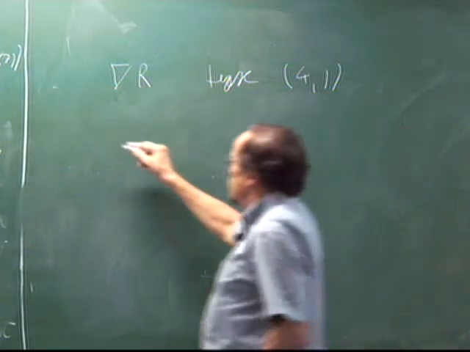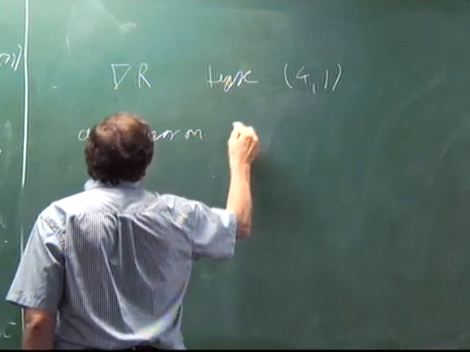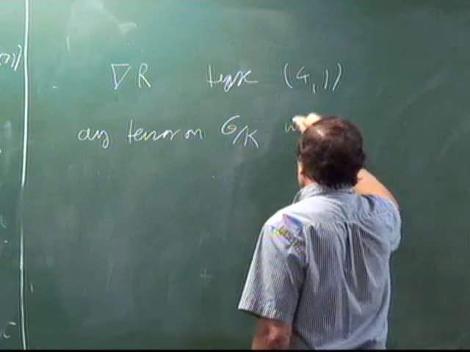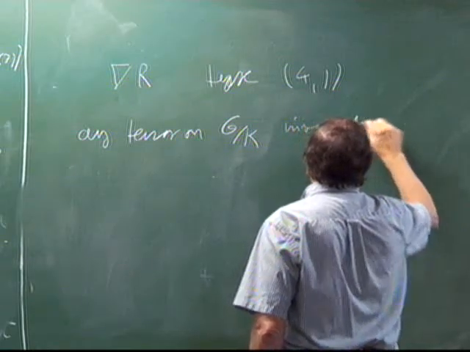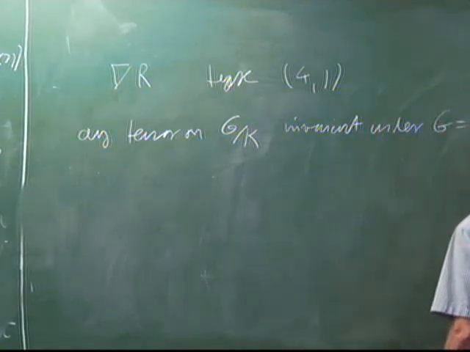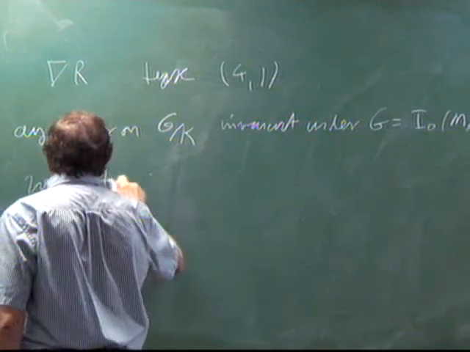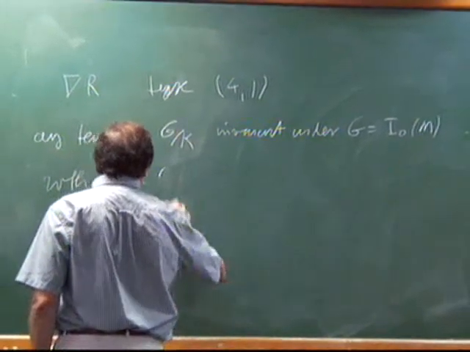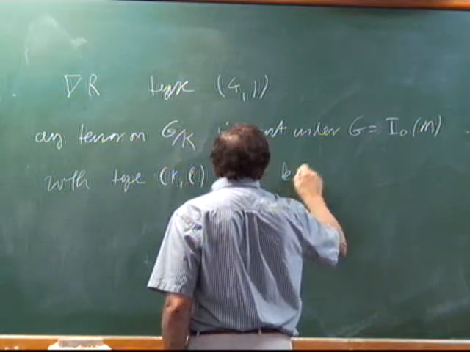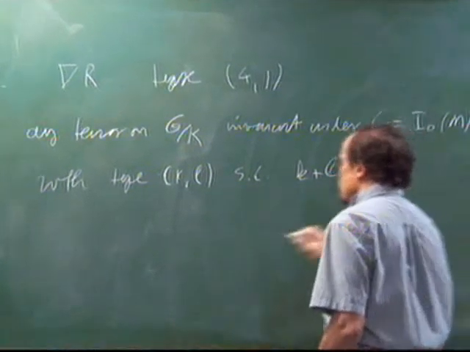And now I claim any tensor on G mod K invariant under G, which is assumed to be a full isometry group, with type K, L, such that K plus L is odd, vanishes.